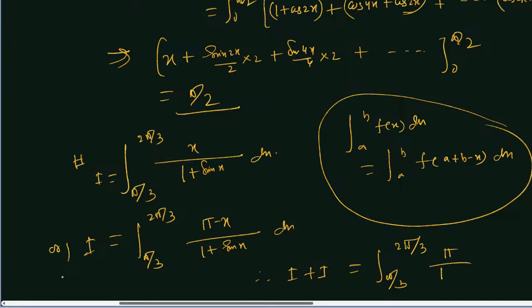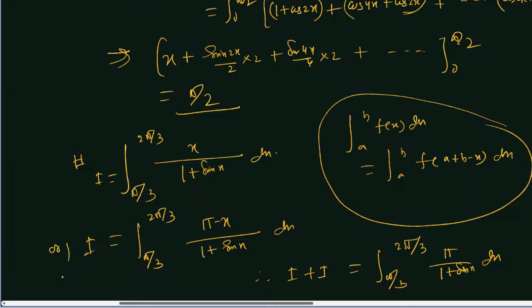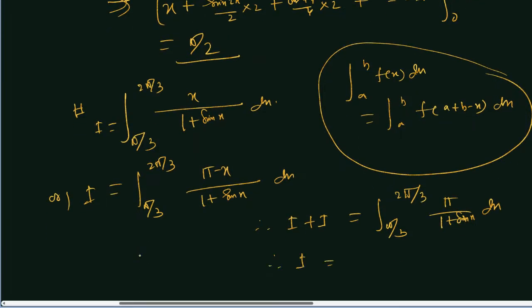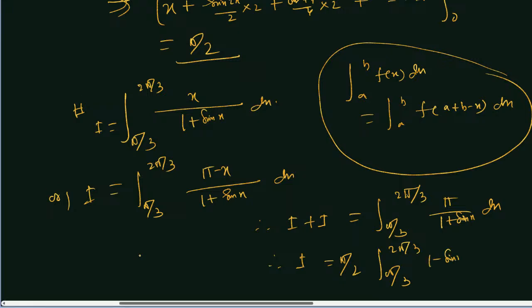Pi by, because the rest get cancelled. So 2I will be what? Pi you take out. Integral pi by 3 to 2 pi by 3. This you can multiply by 1 minus sin x over cos square x dx.